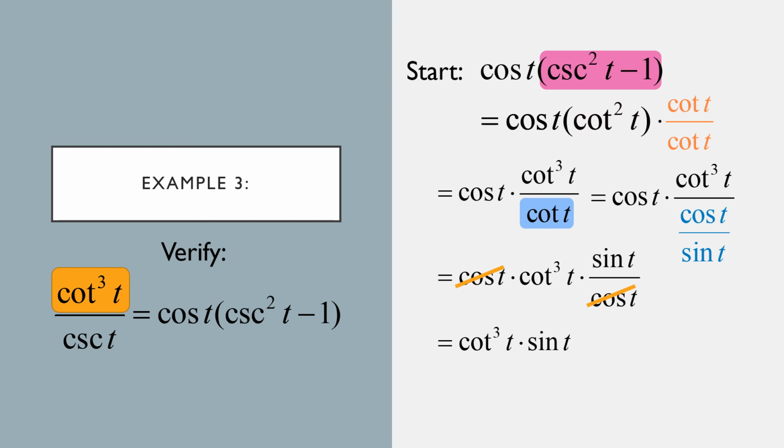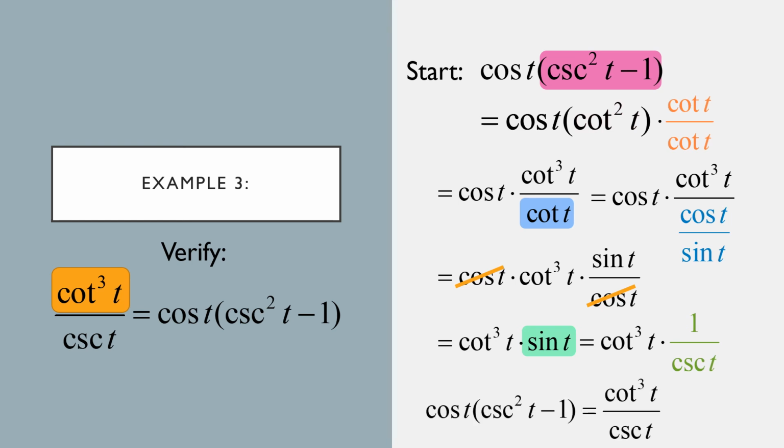And remember, I want to keep the cotangent cubed of t. That's in the left side of the identity that I'm trying to end up with. I can replace sine of t with 1 over cosecant of t, and look what we have. We have made the right side of the identity equivalent to the left side of the identity. We're being very manipulative with verifying trig identities.